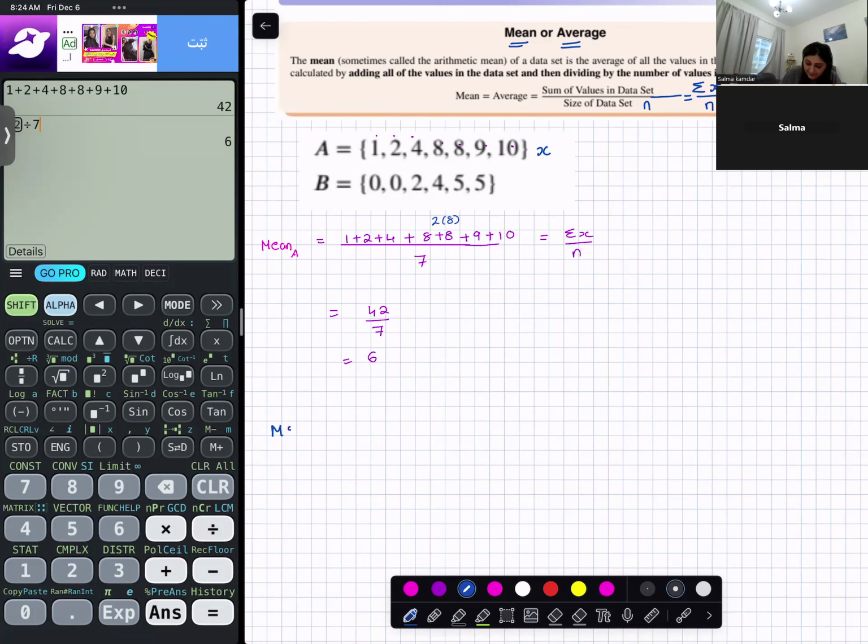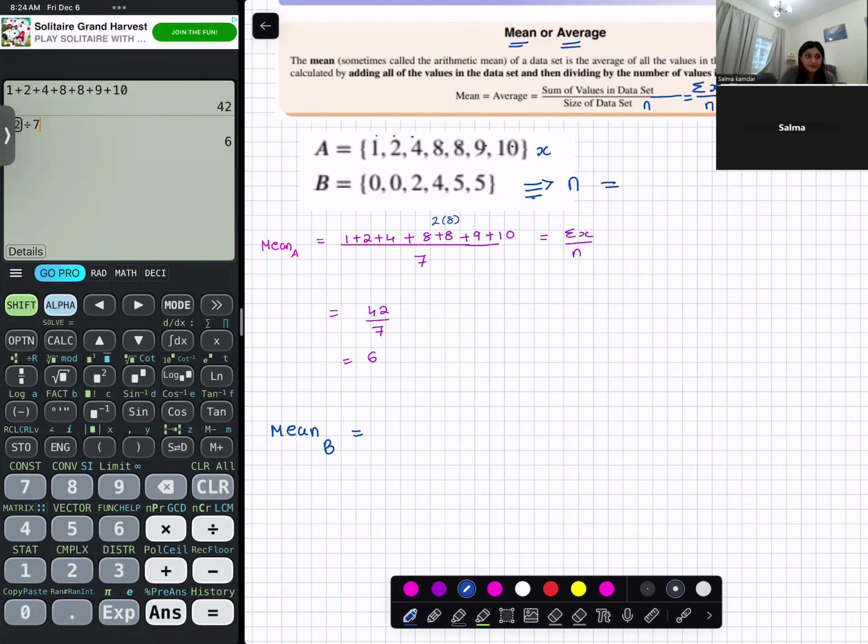So I have the mean of set B. What is the size of my data set? The size of the data set is my n. The size of the data set is 6. Okay, so the mean would be the sum of all the values in the data set, that is 0 plus 0 plus 2 plus 4 plus 5 and plus 5, over the size of the data or the number of observations, which is 6.